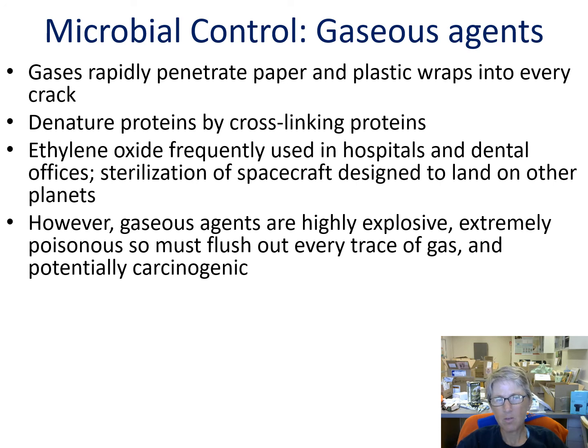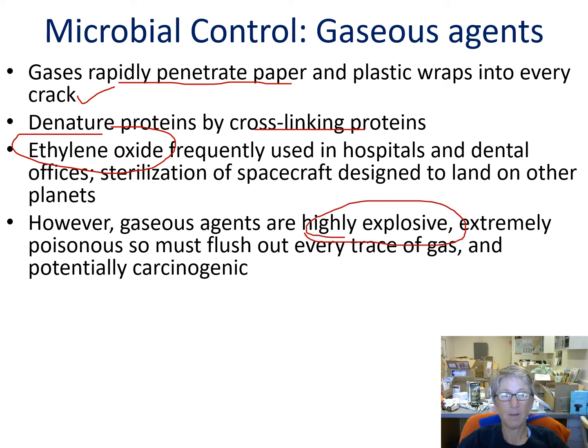The gases rapidly penetrate into every crack of whatever you're trying to sterilize. They denature proteins by cross-linking. We've seen that. They use ethylene oxide a lot in hospitals. Gaseous agents, however, are highly explosive. They're extremely poisonous. And they're potentially carcinogenic.